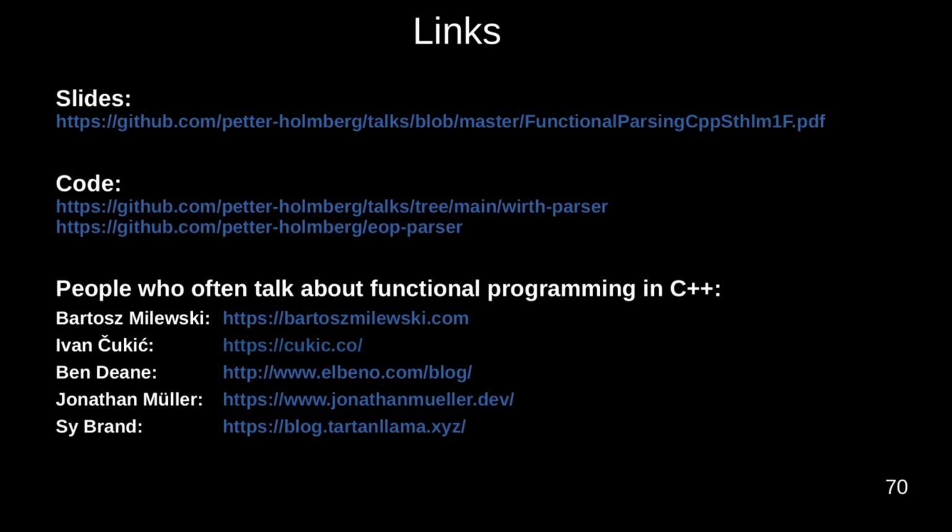I also included some links to some people that you might check out if you're interested in functional programming in C++. I think these are some people from the community that are worth looking at. Bartosz and Ivan, for example, have written some great books about functional programming in C++.